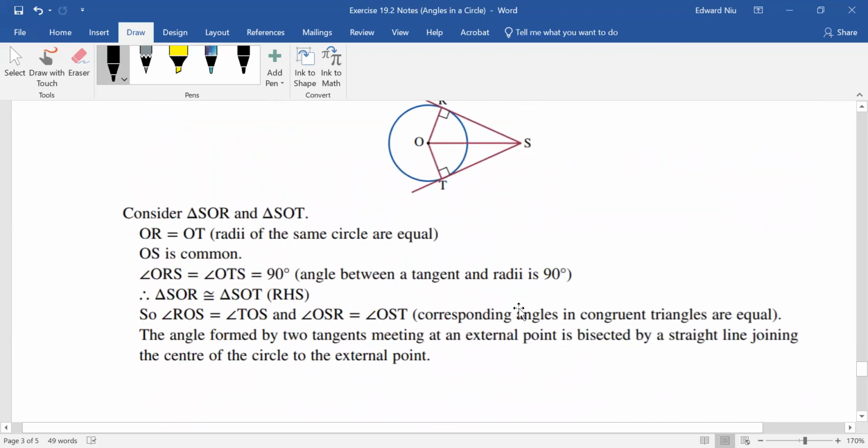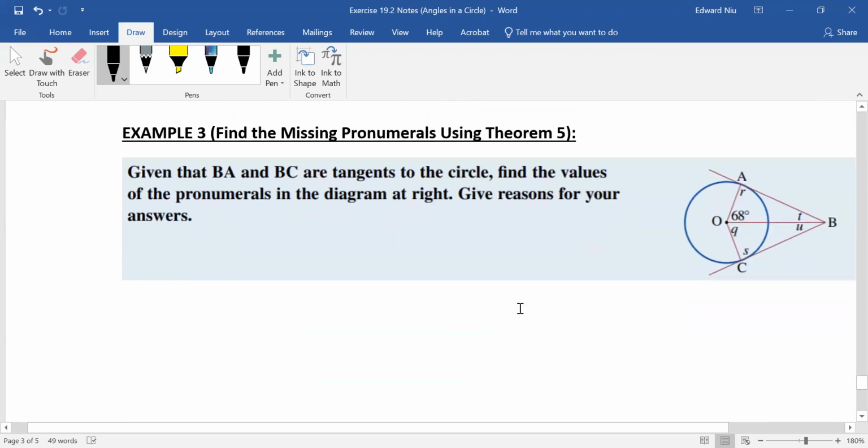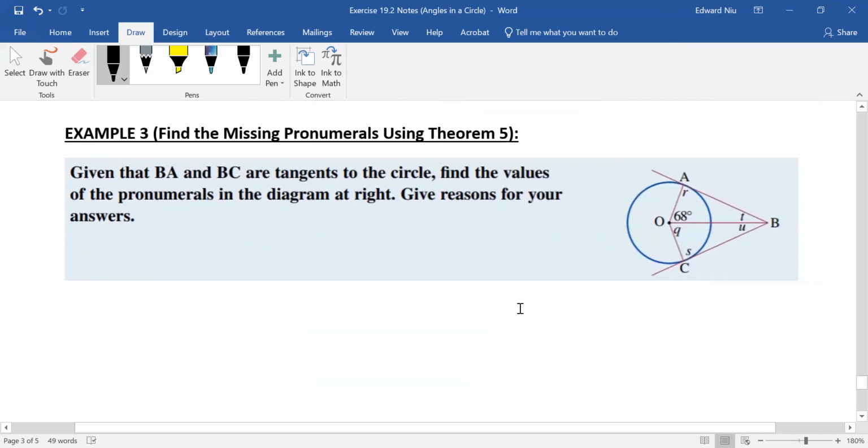Here's a nice little proof. Again, we're looking at congruent triangles and why they are the way they are. So example 3, find the missing pronumerals using theorem 5.